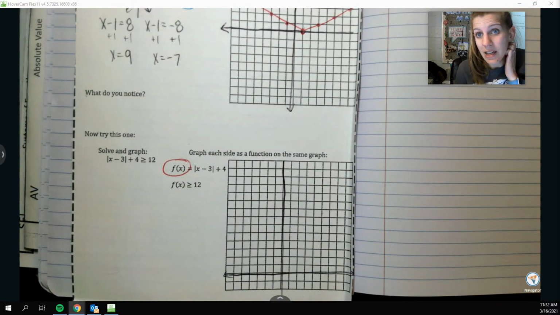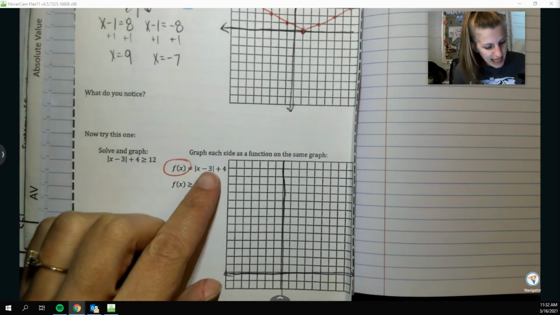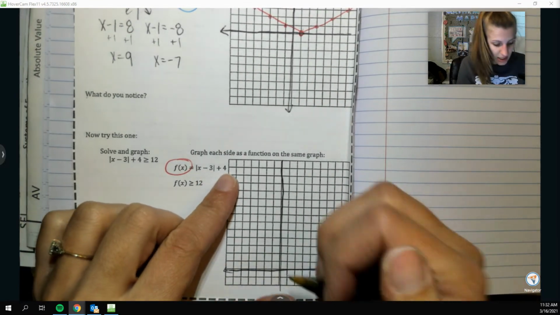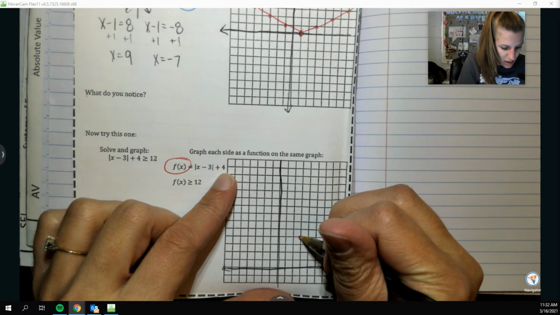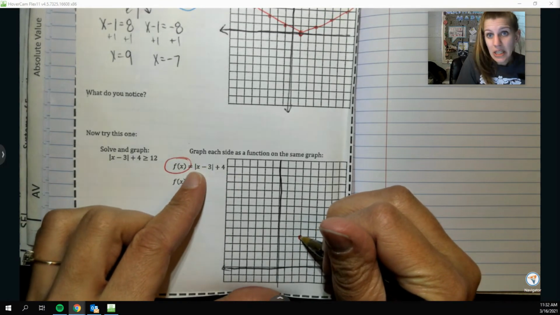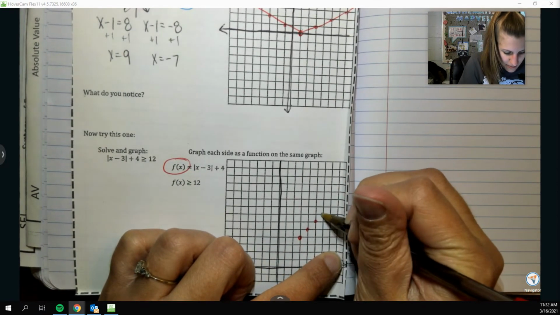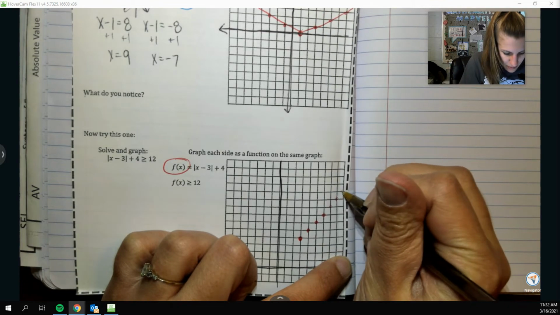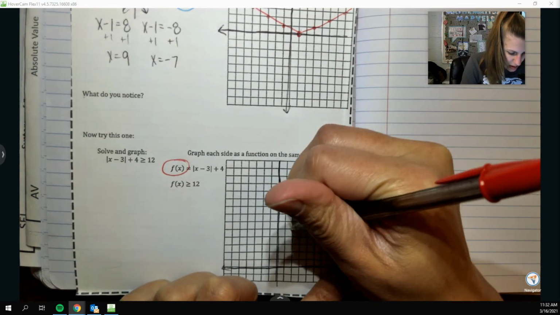It is an absolute value, so it's going to look like a V graph. Your vertex is at 3, 4. So 1, 2, 3, 1, 2, 3, 4. Your slope is 1 because there's no number in front, so I'll do up 1 over 1 on either side. And then I need to get the other side of my V graph, so we'll go this way.